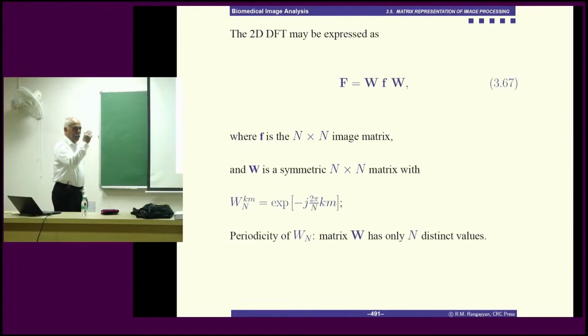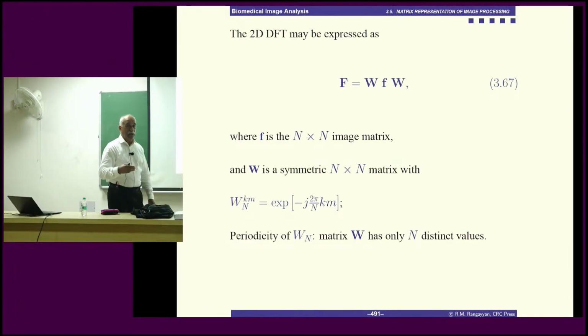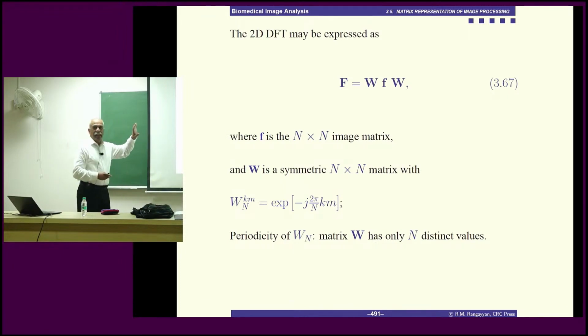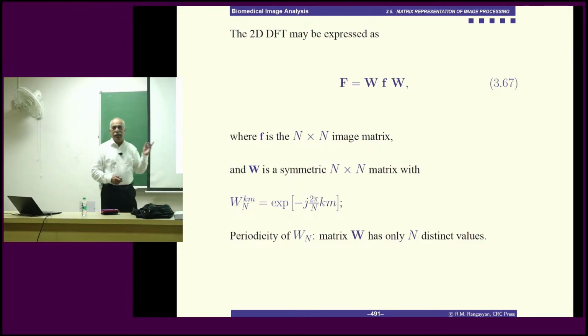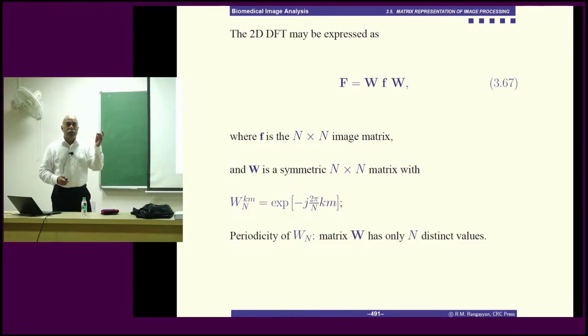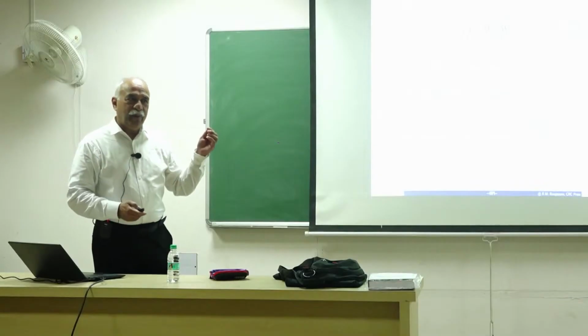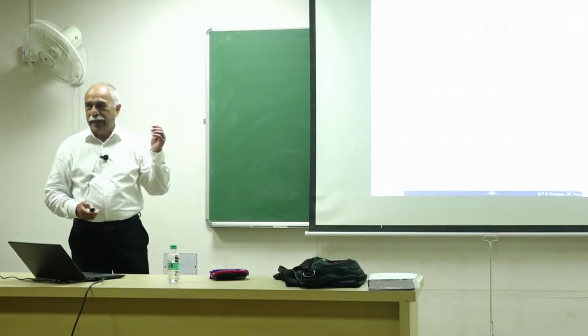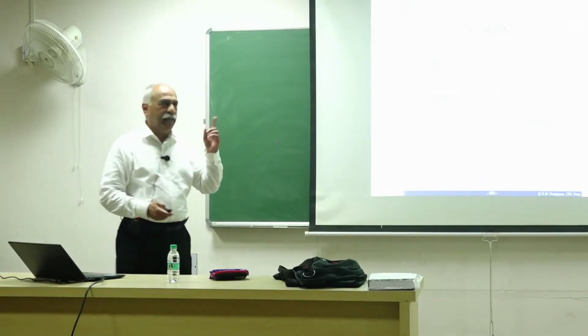At the beginning I said we will convert the image to n squared by 1. But right now in this formulation, the image is still kept as an n by n matrix, and the transform is also n by n. Whereas for the 1D case, we saw for an n by 1 signal, the transform matrix was n by n.